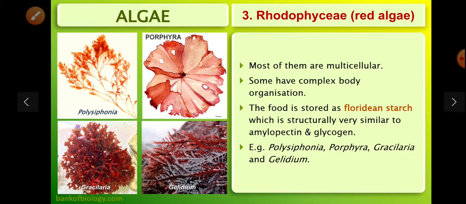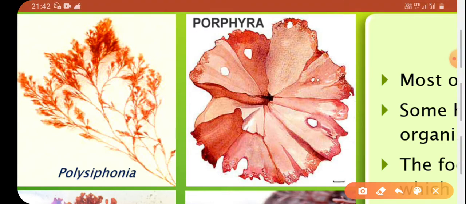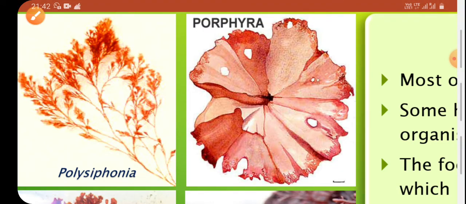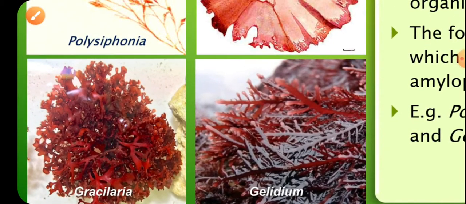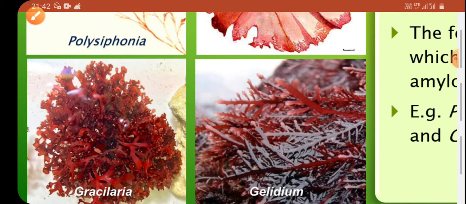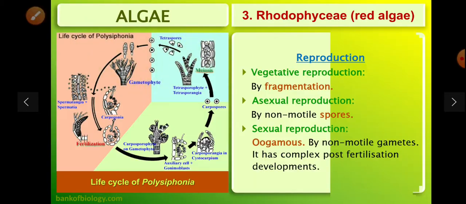Examples: Polysiphonia here, Porphyra, Gelidium, Gracilaria. These are the examples of red algae.